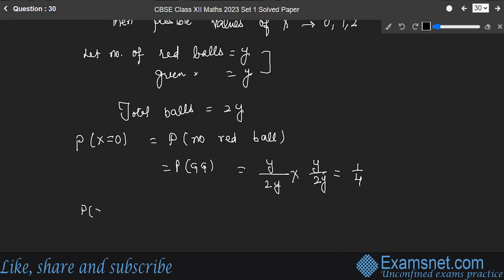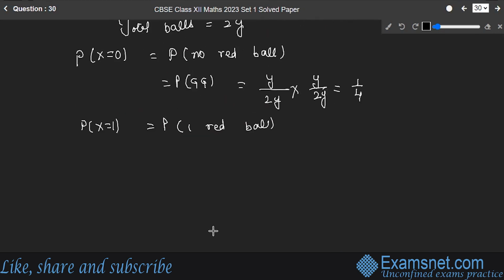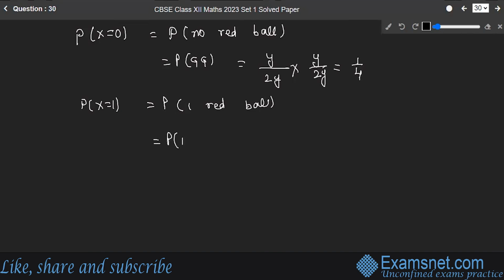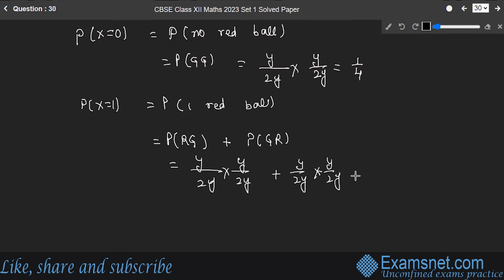Similarly, the probability that you are withdrawing one red ball is the probability of red green or the probability of green red, right? So this is given by y upon 2y into y upon 2y plus y upon 2y multiplied by y upon 2y, which is 1 by 4 plus 1 by 4, that is equal to 1 by 2.